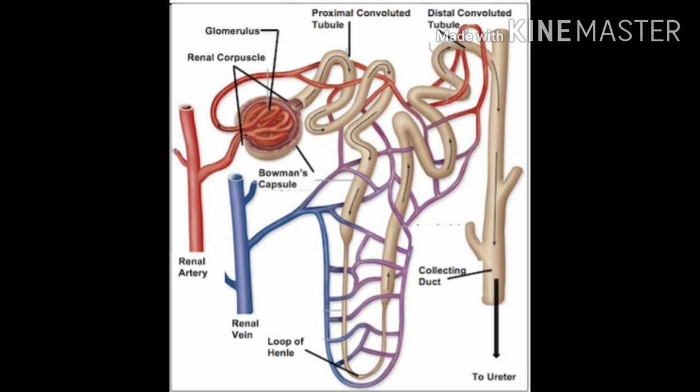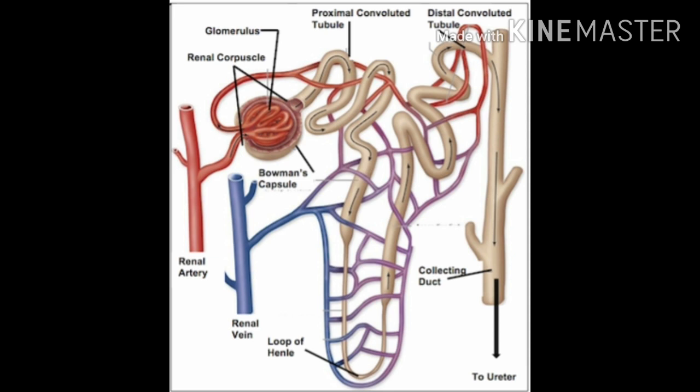From the glomerulus arises the renal tubule, the small tube-like structure which is highly twisted. You can see in the figure. So again the renal tubule is having three parts. What are those? First one is proximal convoluted tubule, which is just near the Malpighian corpuscle, which is arising from the Bowman's capsule.